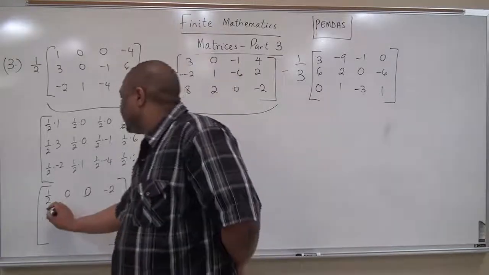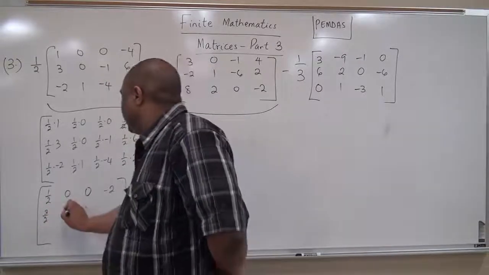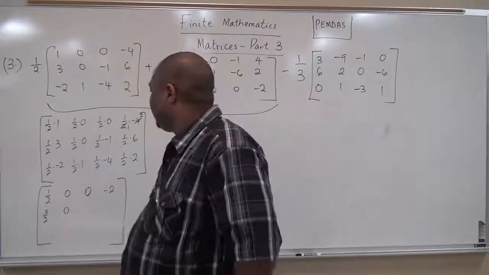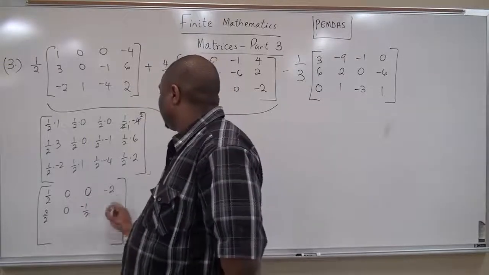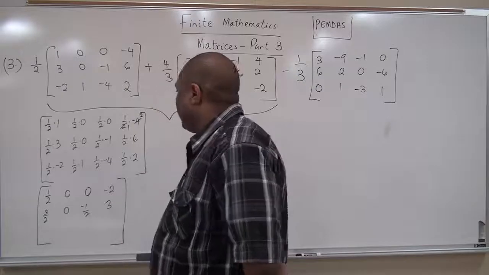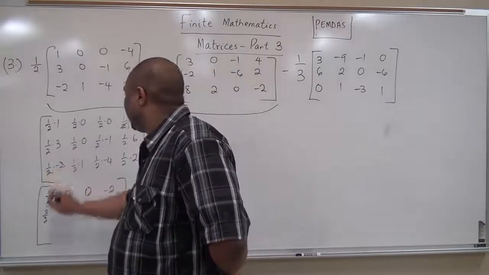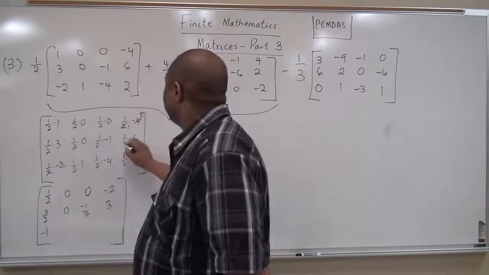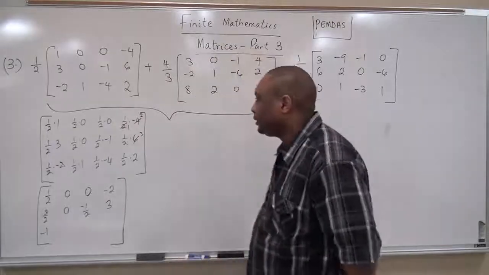One-half times 3 is 3/2. 1/2 times 0 is 0. 1/2 times -1 is -1/2. 1/2 times 6 is 3. 1/2 times -2 is -1. Of course, here 2 divided into 6 is 3. Okay, that's why we got 3.